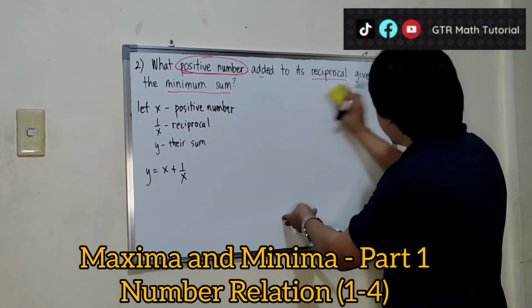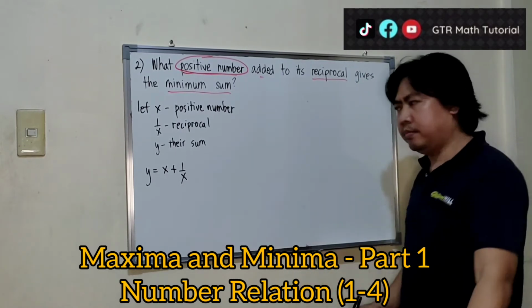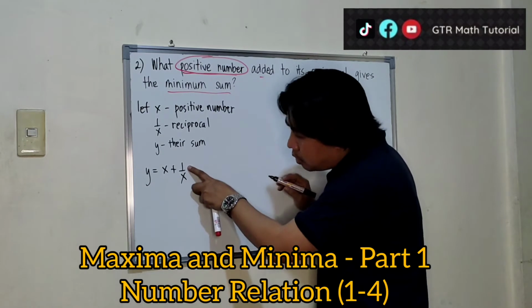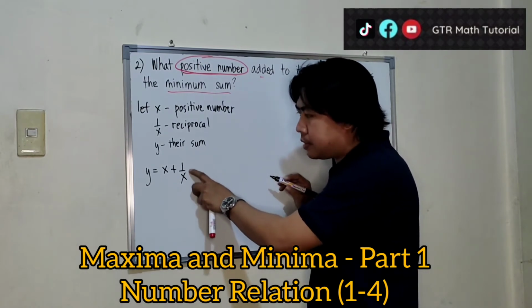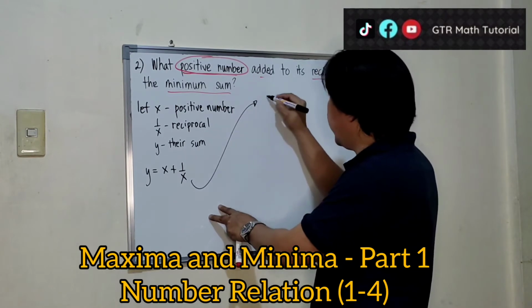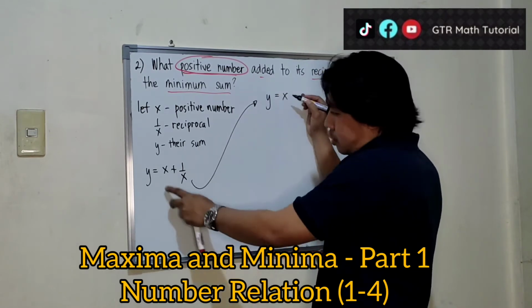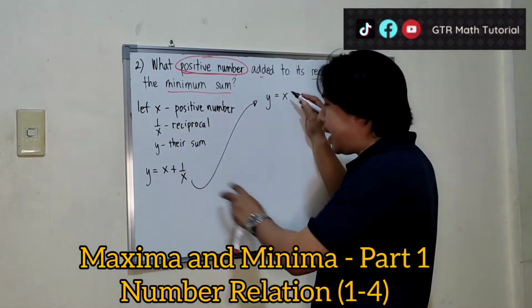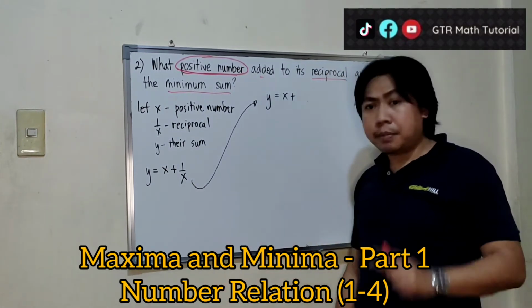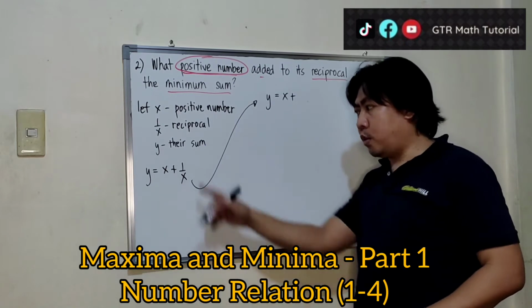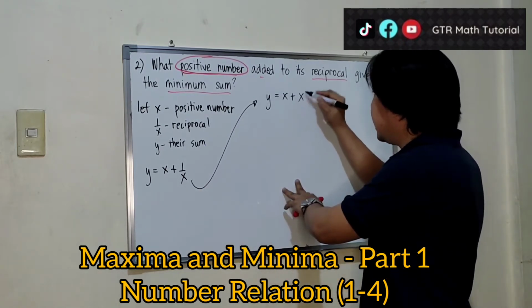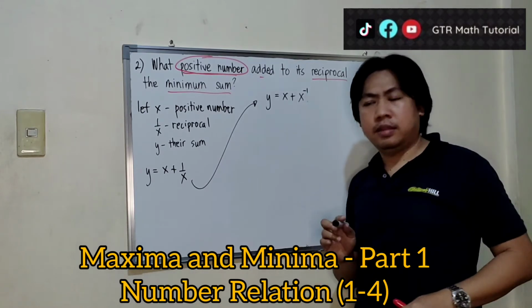To solve, just get the derivative. We don't have a direct formula for 1 over x, but we have a formula for x. So express 1 over x as a negative exponent, x raised to negative 1.